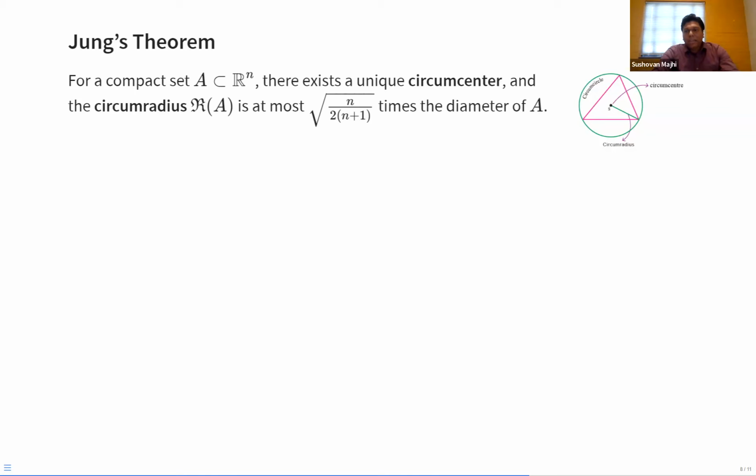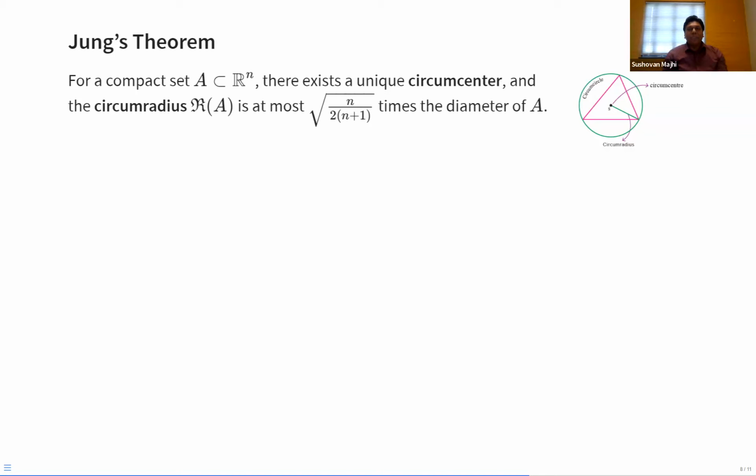So basically, you can cover, as you can see on the right, the pink triangle is our set A. You can also consider the extreme points, the vertices. So that's our set A. One can have a unique circumcenter, the point in the middle, so that you can cover the entire triangle with the smallest radius around the circumcenter.